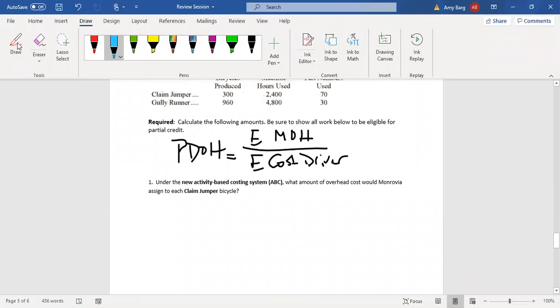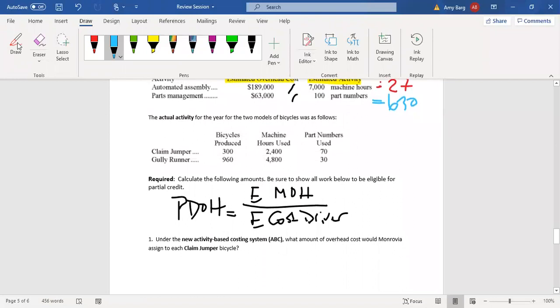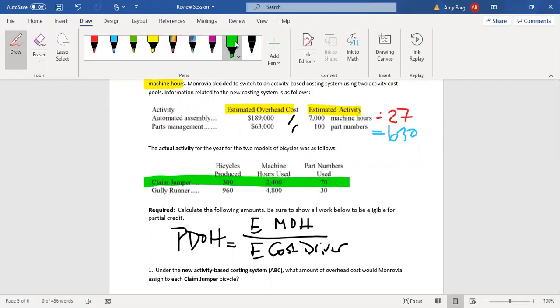So we need to know that the claim jumper produces 300 bicycles, there's 2,400 machine hours used, and 70 part numbers used.